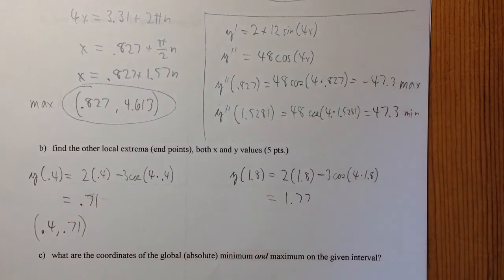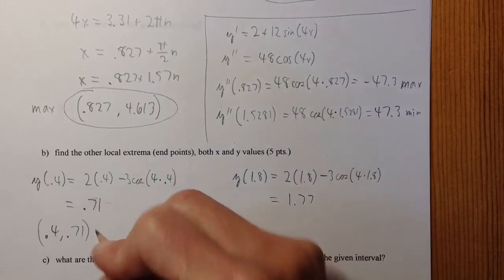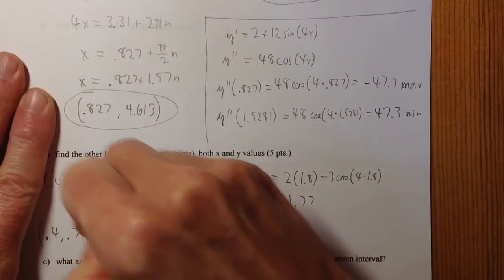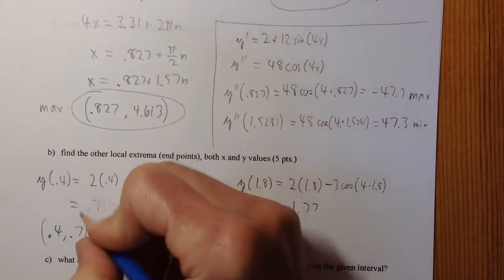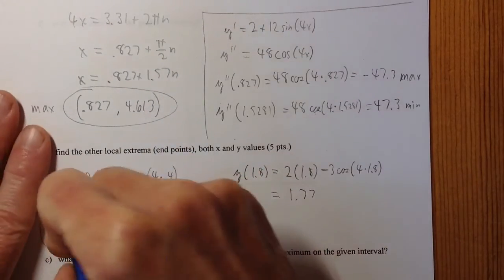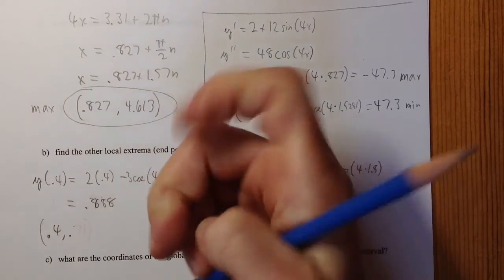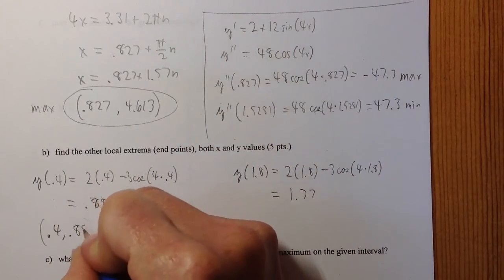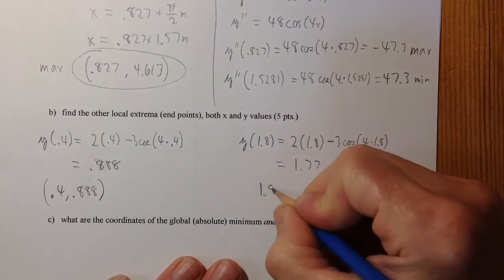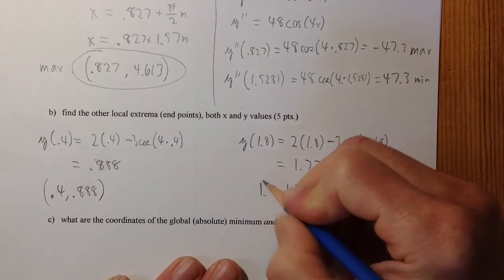Okay, I did do that wrong. Somehow I plugged in my calculator wrong, so it should be about 0.888, not 0.71. So check with Desmos like on the quiz when you're doing this, because it's super easy to make a mistake. 0.888. Okay, that's better. So those are our 2 points. Those are the 2 endpoints right here.